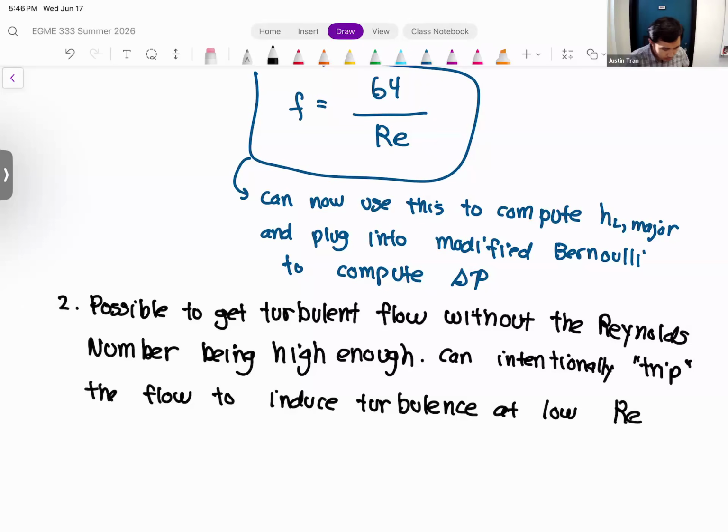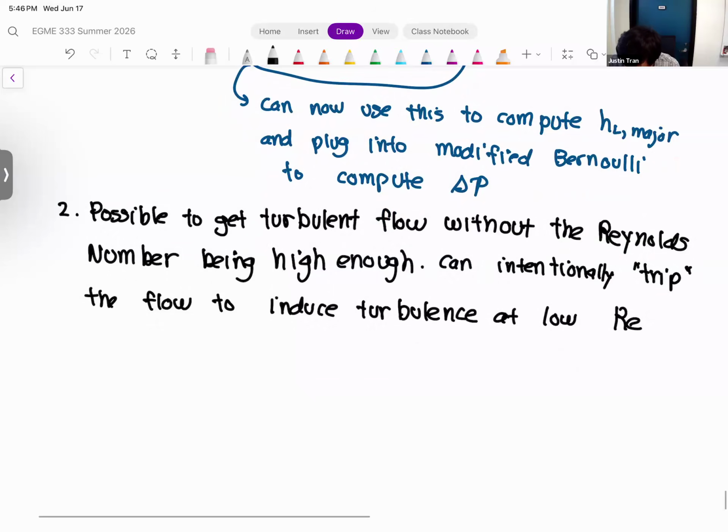But from a fluid mechanics perspective, when you intentionally trip turbulence, this is what's called wholly turbulent flow.